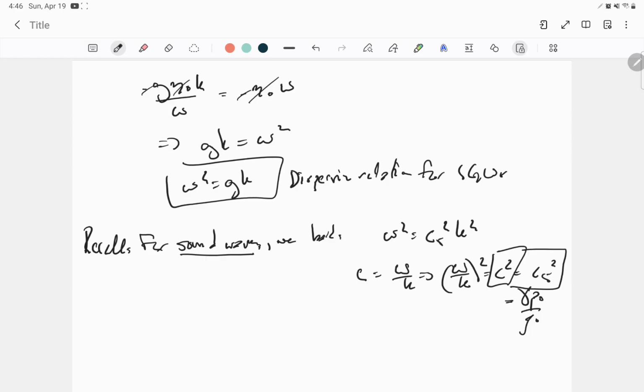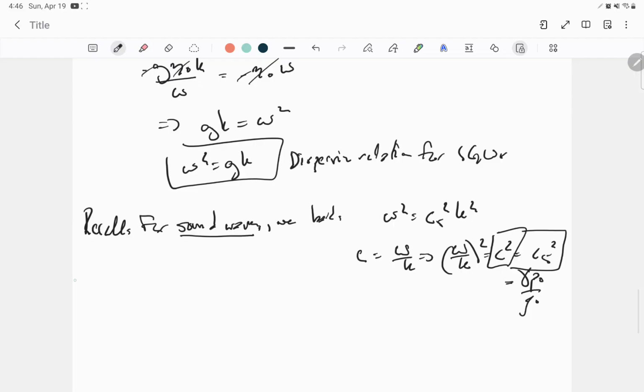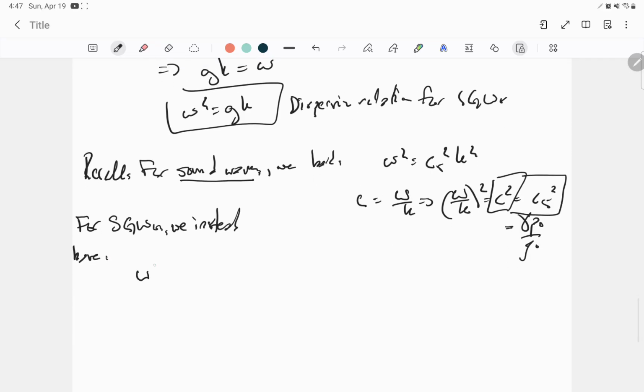But now what's going to happen in our case for shallow water gravity waves? So for shallow water, for deep water waves, for surface gravity waves, we instead have omega squared equals gk.